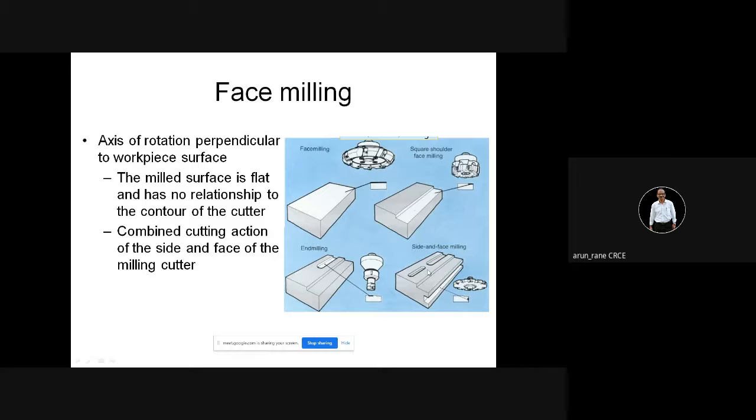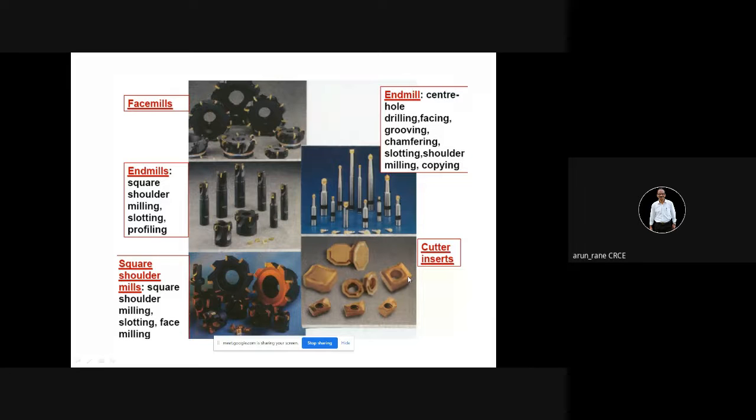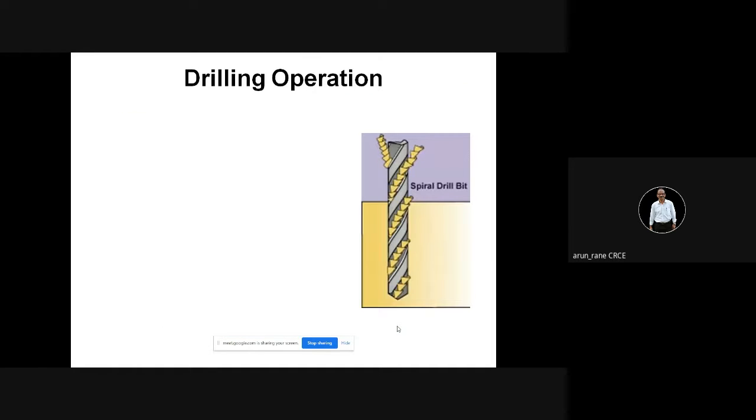This is also called side and face, but mostly this operation is called end milling. So this is how your end mills and face milling cutter will look, and these are the cutter inserts. Usually the titanium carbide inserts are golden color.